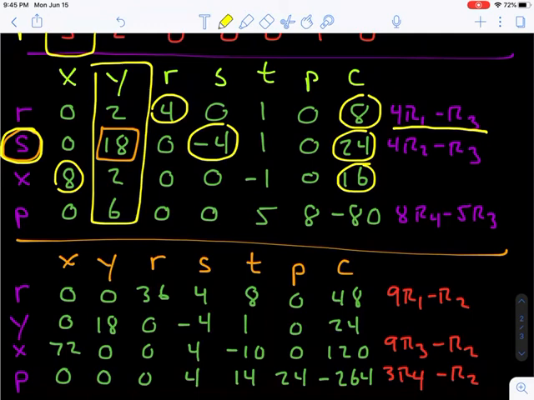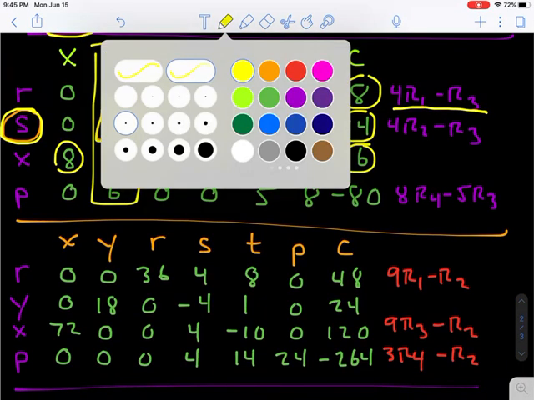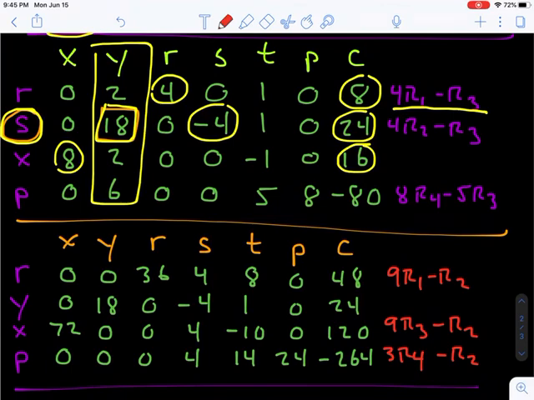And then we look for the positive number with the smallest ratio in that column, and it turns out to be the 18. And so 18 is the pivot. So once again, we want to clear the pivot column of everything except the 18. And so I did that to obtain the next table.